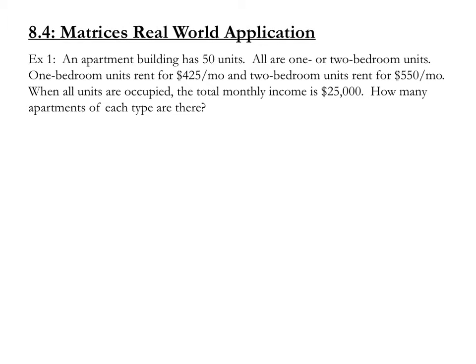So if you find your question, that's where I want you to start. I'm going to highlight that in purple right now. The question is going to tell you what to define the variable as. So we have how many of each type of apartment.